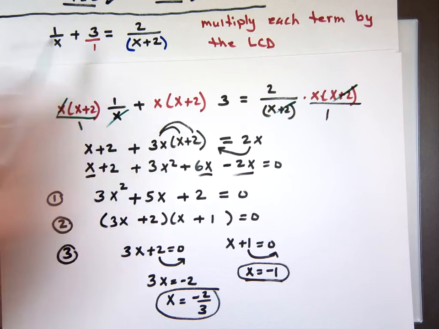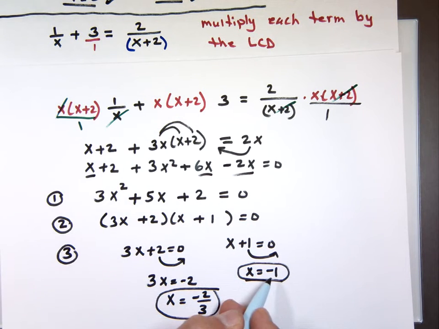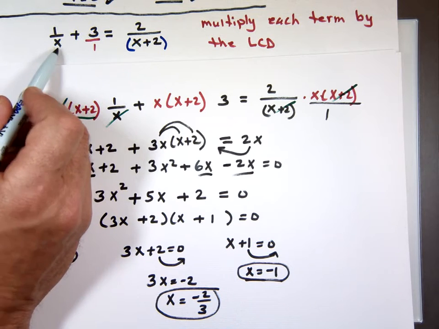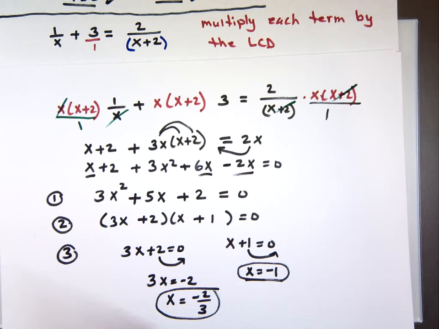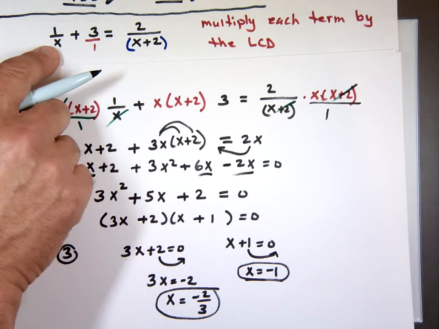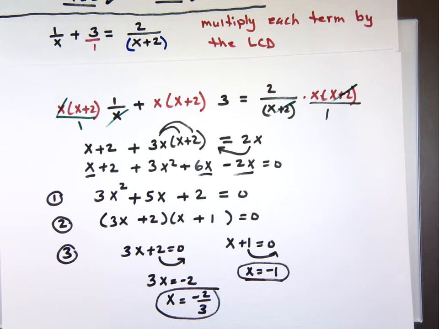So if I let x be minus 1, this will be a 1, it's not a 0. This will be a minus 1, it's not a 0. I'm okay. If I let x equals negative 2/3, this is not a 0. This is not a 0. So there's a 99.99999% chance both are going to work.